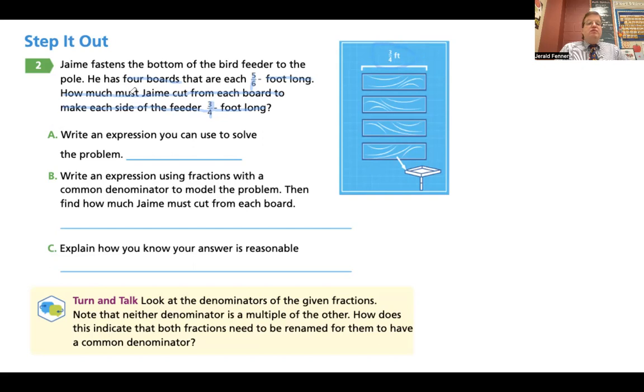So how much must Jamie cut? The labels are the same, so we use addition or subtraction, and because they said how much should he cut, cut would mean taking away. So we're going to write the fraction 5/6 minus 3/4.